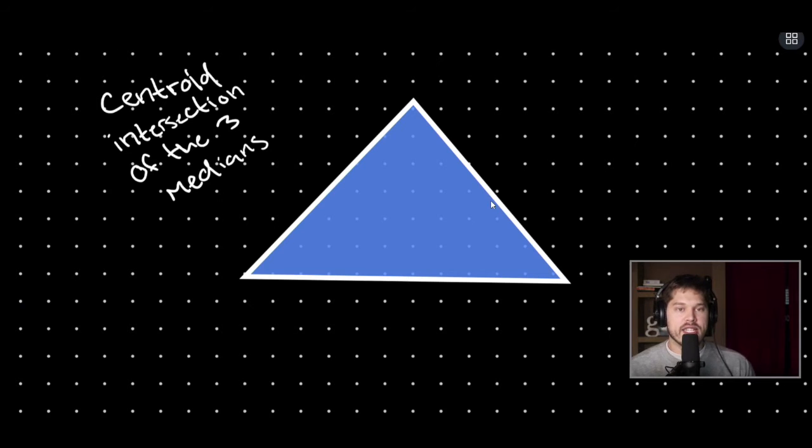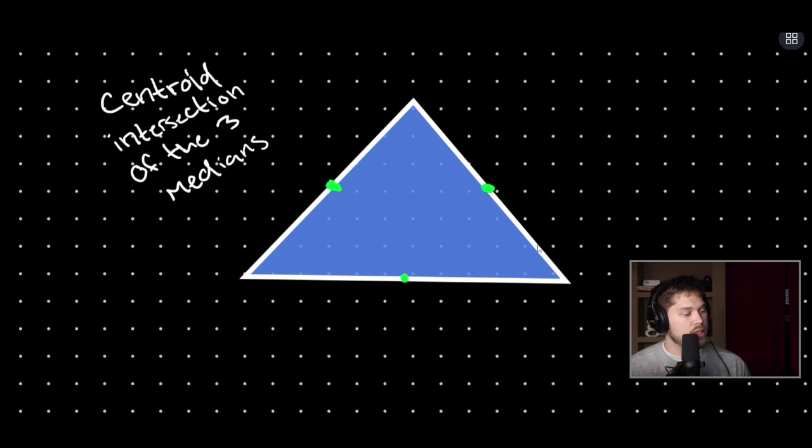Now a median is such that you go from your vertex to the midpoint of each of your sides. So right here appears to be the midpoint of this bottom side. About here seems to be the midpoint of this left-hand side, and roughly here seems to be the midpoint of this right-hand side.